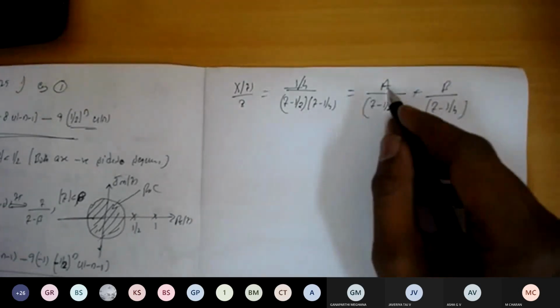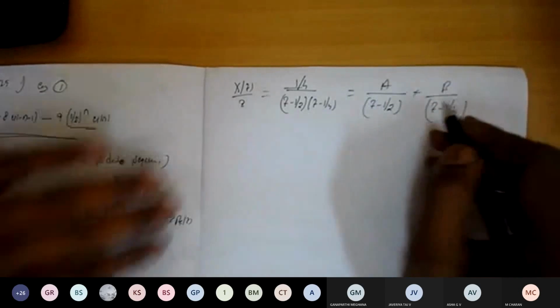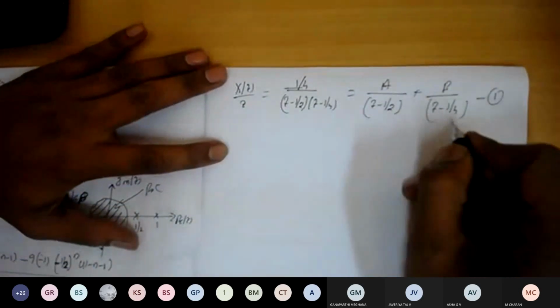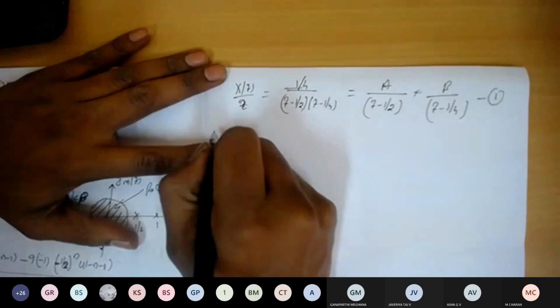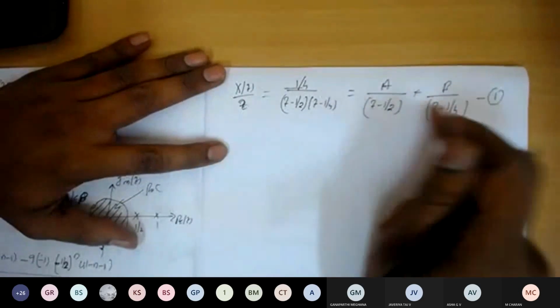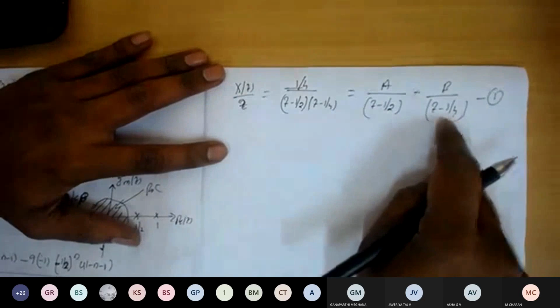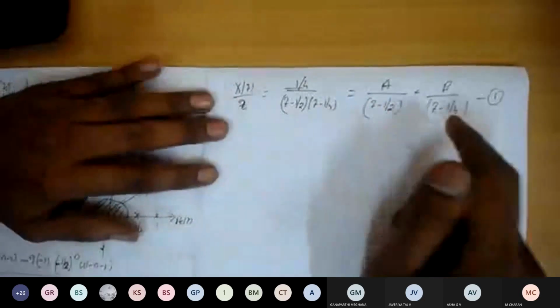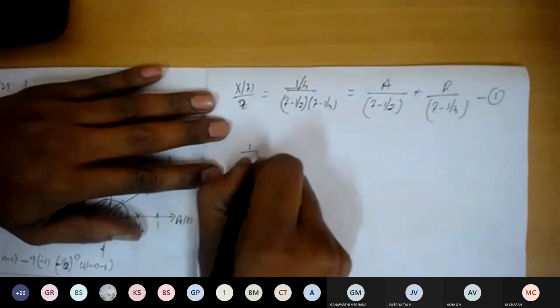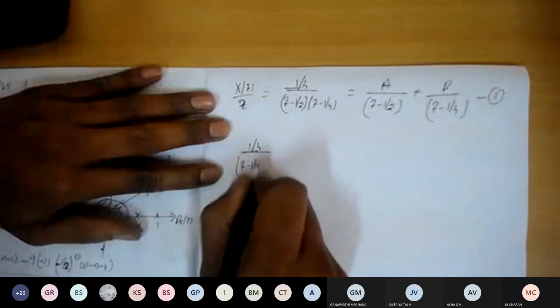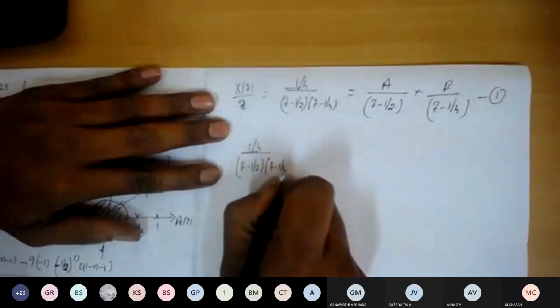Now, the values of a and b we need to find out. For finding that one, let us call this equation number 1. Here x of z by z format we have converted. Now in order to find out the partial fraction expansion, we'll take the LCM for equation 1 and cancel out the denominators. So it will become 1 by 4 divided by z minus 1 by 2 into z minus 1 by 4.